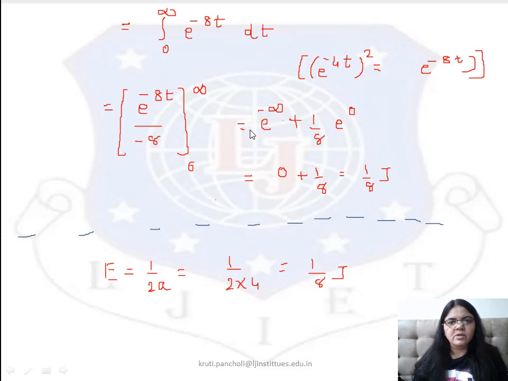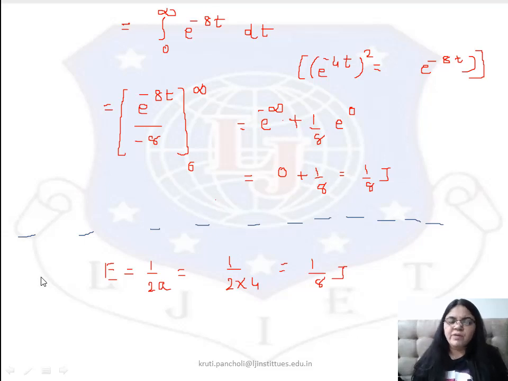So it is 0 for e^(-infinity), plus minus minus plus, 1 upon 8 e^0. So e^(-infinity) is 0 and the answer is 1 by 8. So simple way you can find out the energy of the function e^(-4t) u(t), it is 1 by 8 joule.